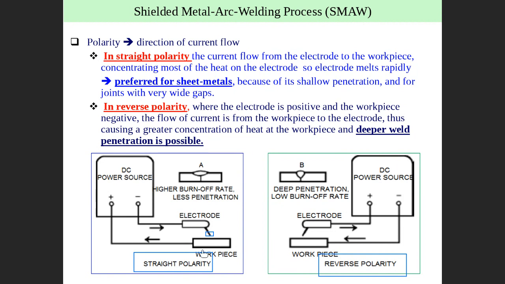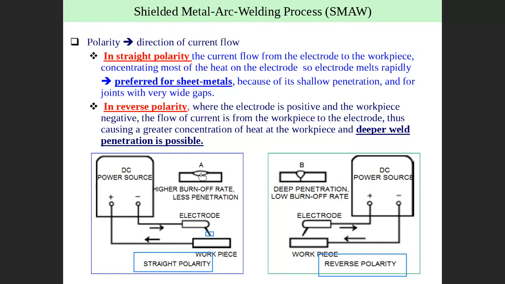This is good for sheet metal welding. Sheet metal means small thickness. So it deposits a big amount of weld here, so the weld is shallow, not deep. Shallow and wide.